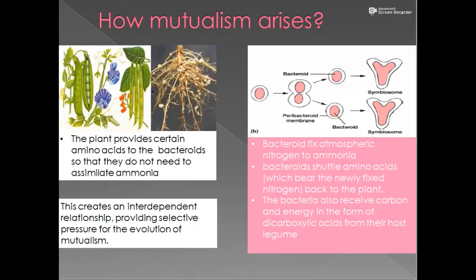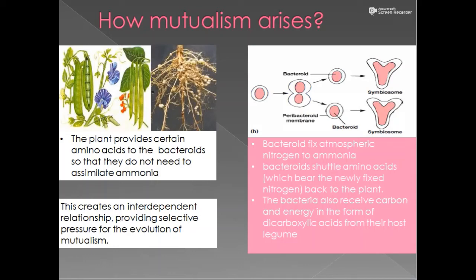It will shuttle the amino acids which bear the newly fixed nitrogen. This ammonia which it has fixed, it will shuttle back to the plant so that it is available to the plant, and the bacteria will also receive carbon as well as energy in the form of dicarboxylic acids from the plant.